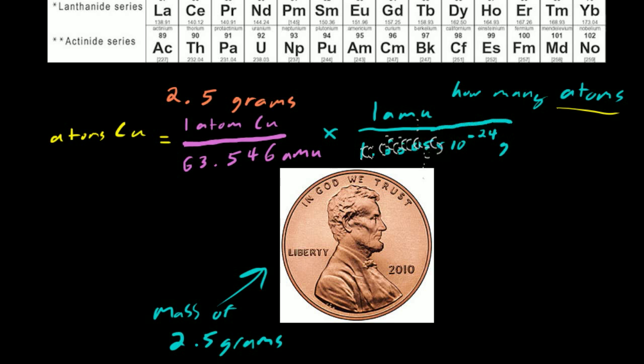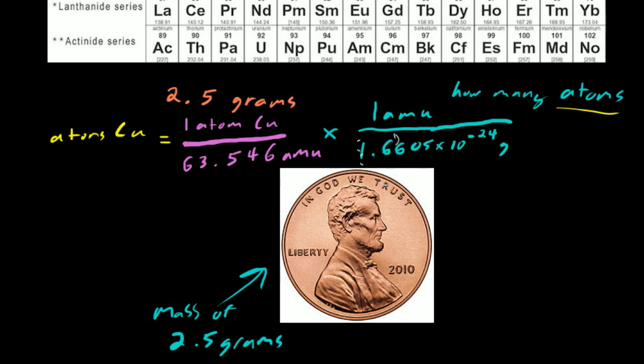I think I've given you this number before, previously in the playlist. It's good to have it written down somewhere in your book that one atomic mass unit is equal to 1.66 times 10 to the minus 24 grams, or I've written it out to a few more digits here.